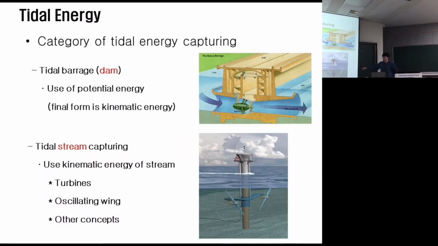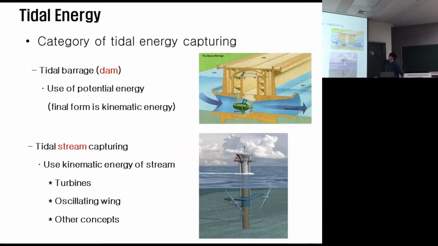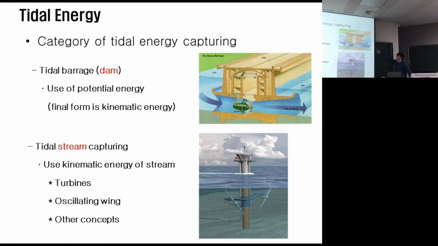So tidal energy, this is the same concept. We usually have the tidal barrage, dam-like, and we use the potential energy difference to induce the flow. And tidal stream capturing is not really like this, but since we have the tides, the flow direction is either towards the shore or the inverse direction.